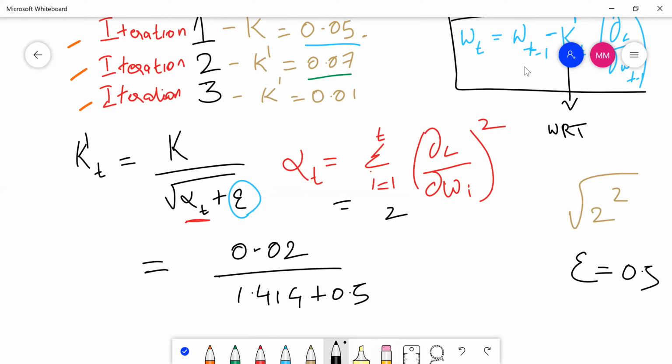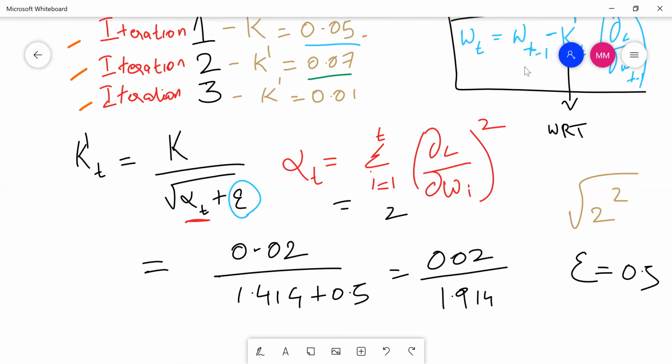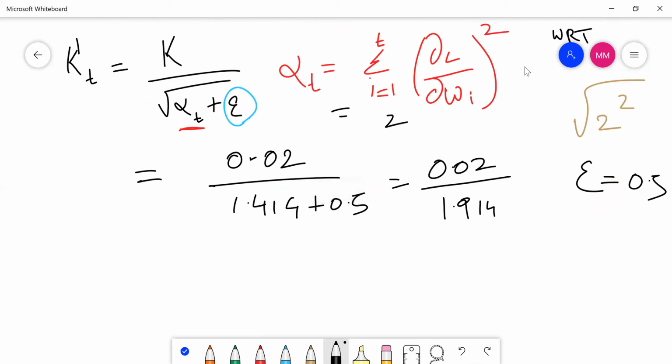So now what will happen, now the value is 0.02 divided by 1.914, which is more or less equal to 2, right? So when we solve this, 0.02 divided by 2, I'm putting the approximate value.